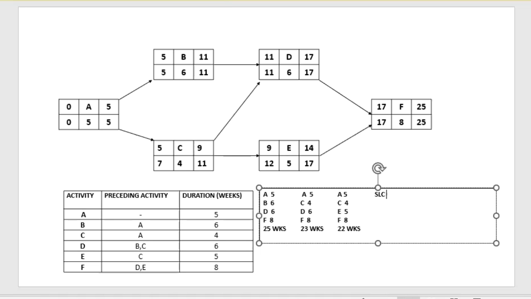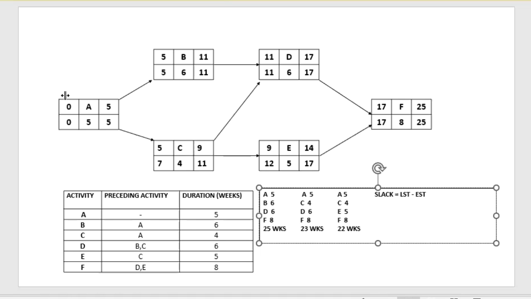Slack time is equal to latest start time minus earliest start time. Good. So remember that to calculate the slack, it is the latest start time minus the earliest start time. The latest start time is at the bottom left, right here, and the earliest start time is the one at the top.